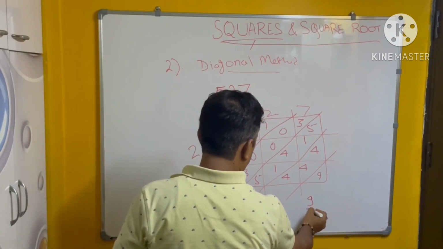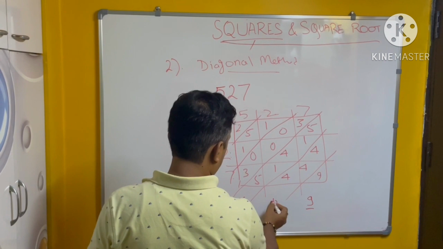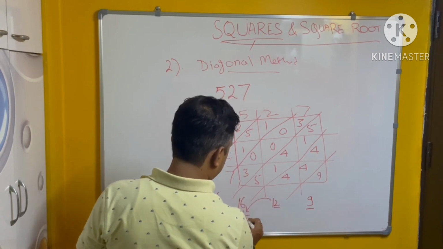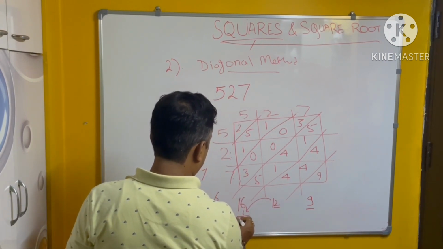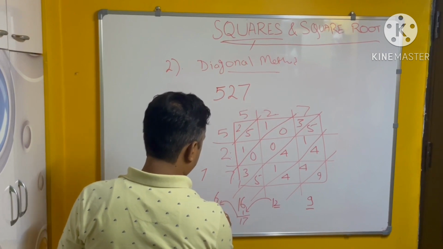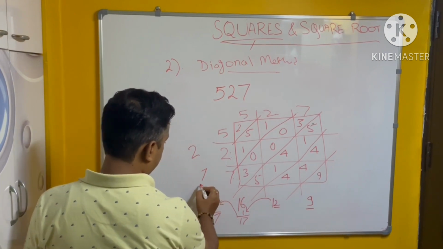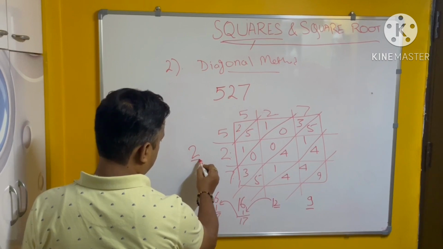So 9, 2, 1 will carry forward here, 17, 1 will carry forward here, 7, and this is the same.